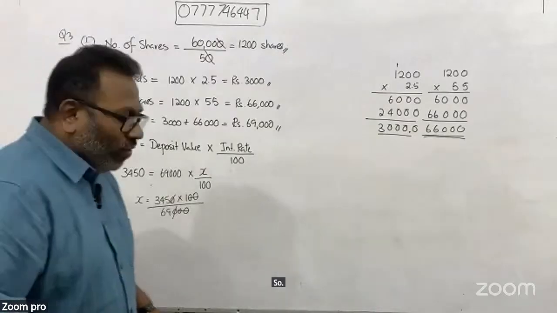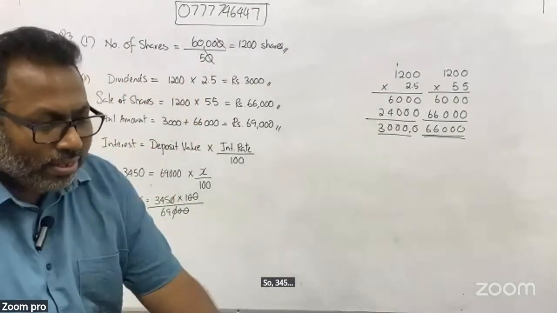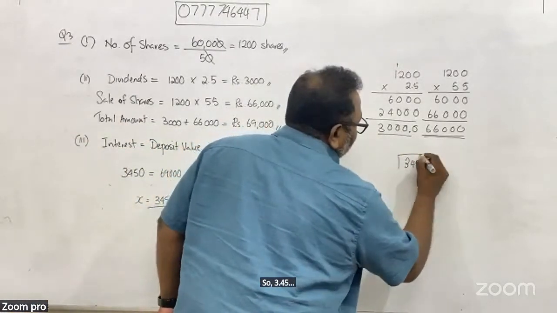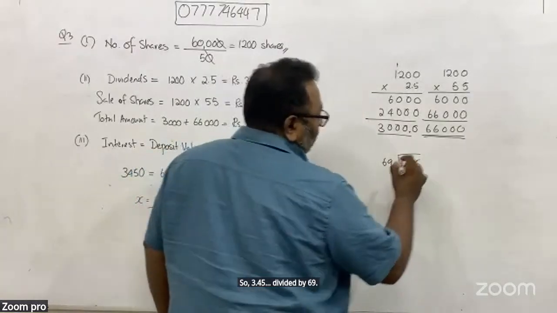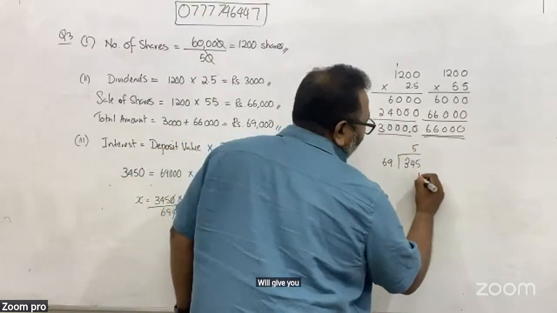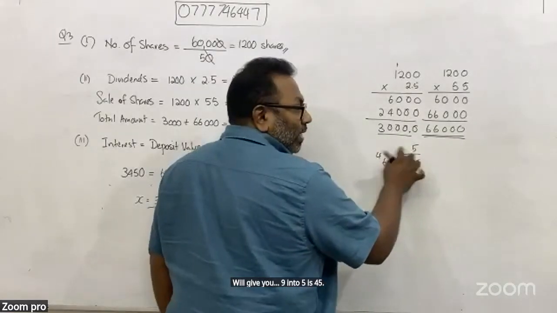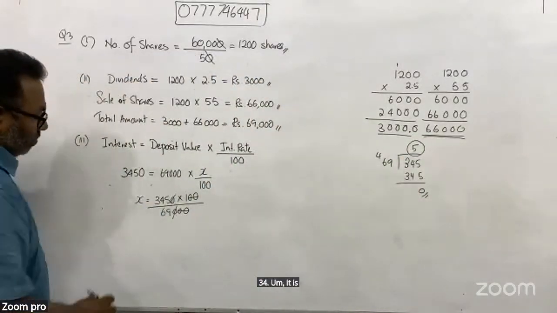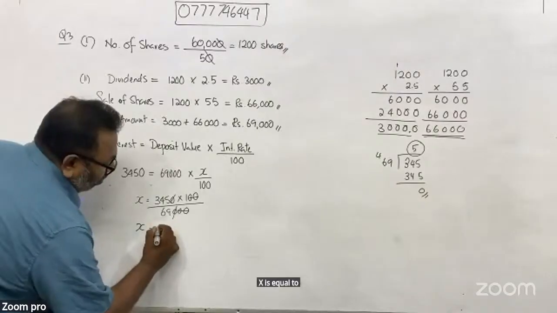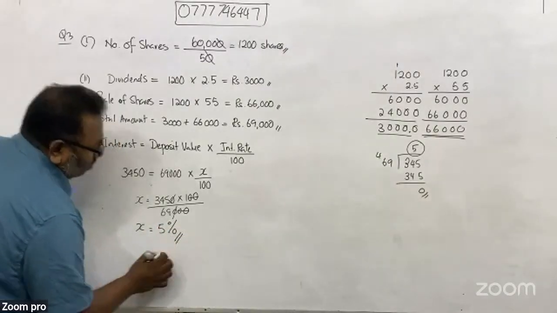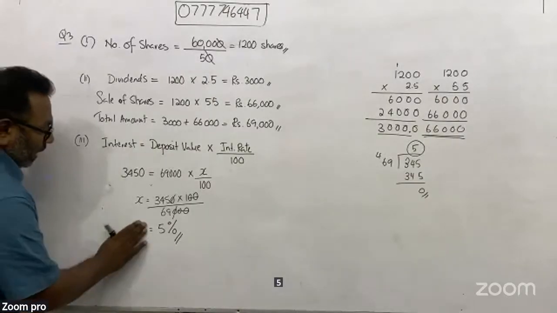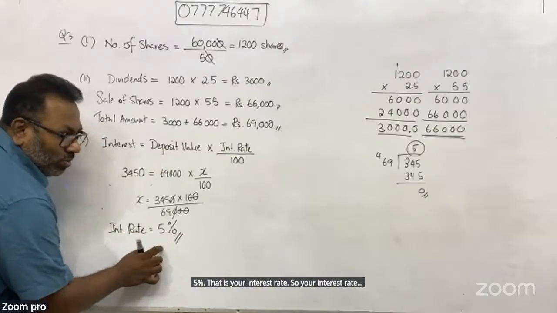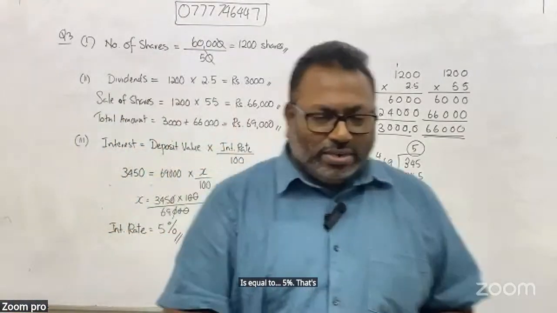So 345 divided by 69. 9 into 5 is 45. 6 into 5 is 30 plus 4, 34. How much is your answer? X is equal to 5%. That is your interest rate. So your interest rate is equal to 5%. That's what they're asking you to find.